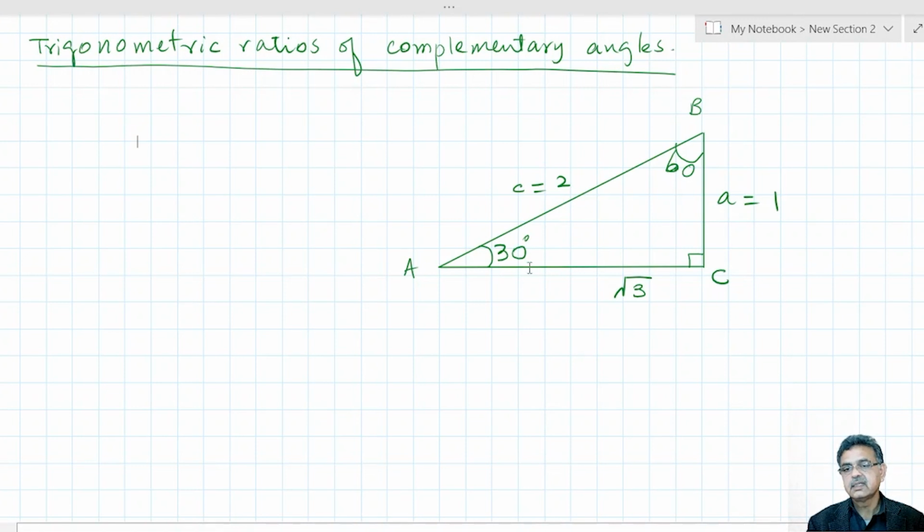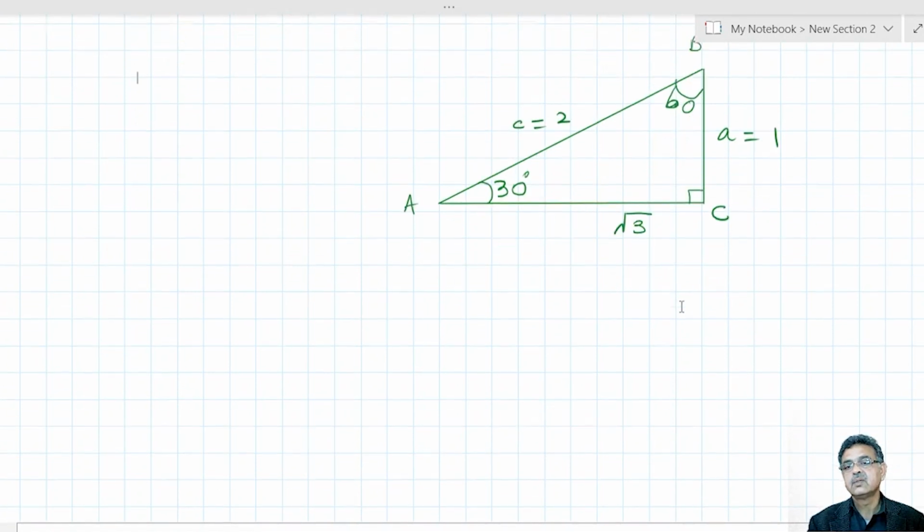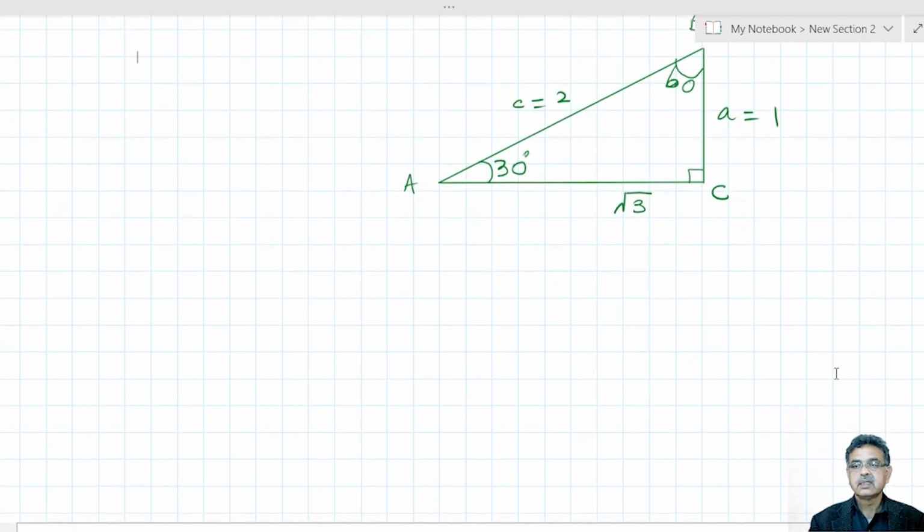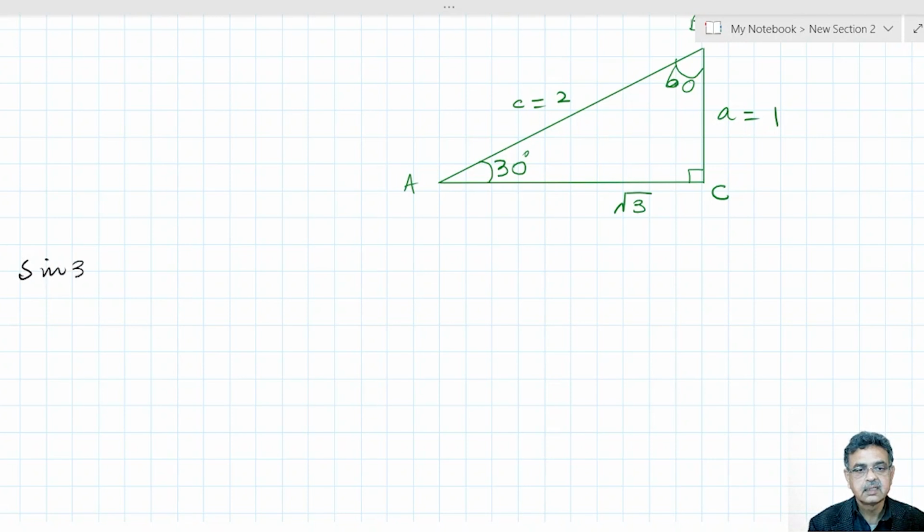If the angle here is 60, then that will be 30. So other than the right angle, the two angles in a right angle triangle are always complementary. Now their ratios we have already discussed in special angles.